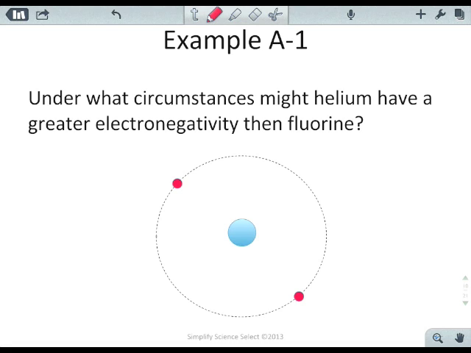Helium has the highest ionization energy, so we'd have to use a ton of energy to pull an electron away, and then we'd have to have helium in a chemical bond, which is extremely unlikely, and you'd have to have some pretty different circumstances than normal atmosphere, normal temperature, normal pressures, and all that stuff. So it'd be a crazy circumstance, but theoretically we could make it happen.